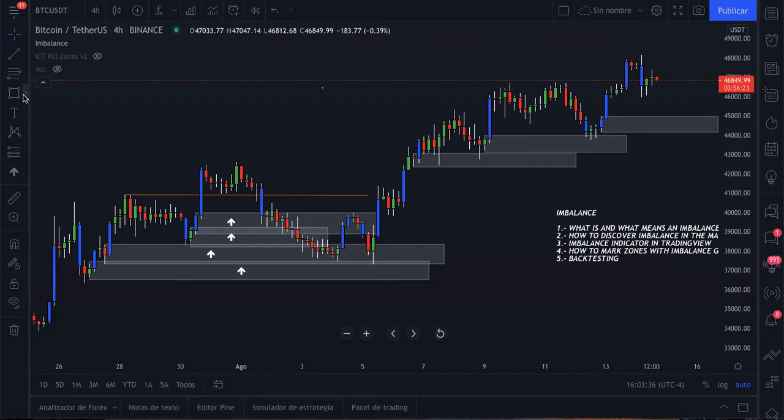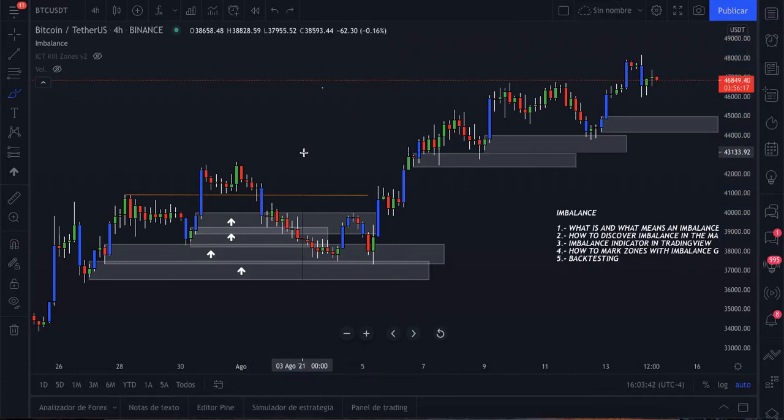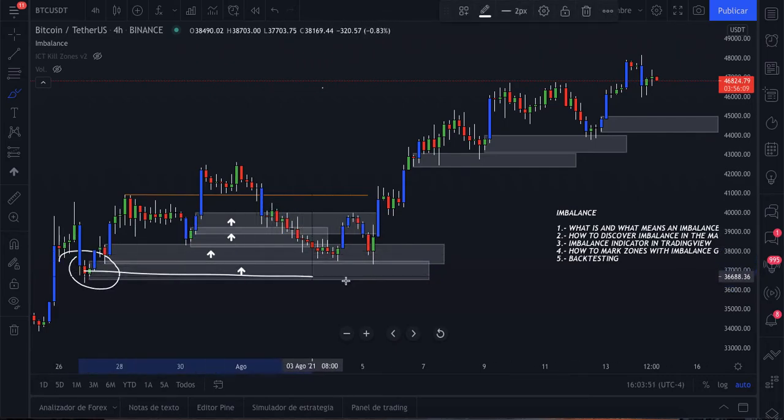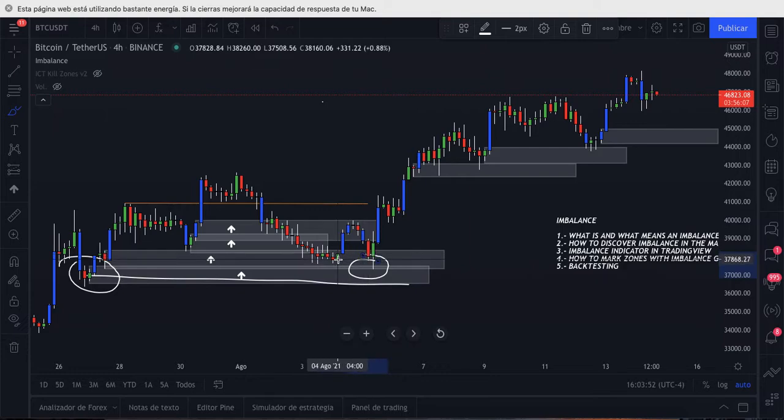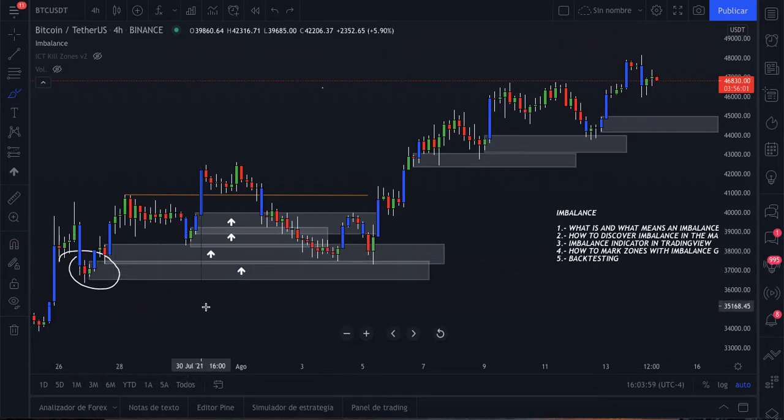Okay, so price can perfectly just react here and continue going up. In this specific case, price went to the origin of the movement. Look there, two times price went to this origin of the movement.